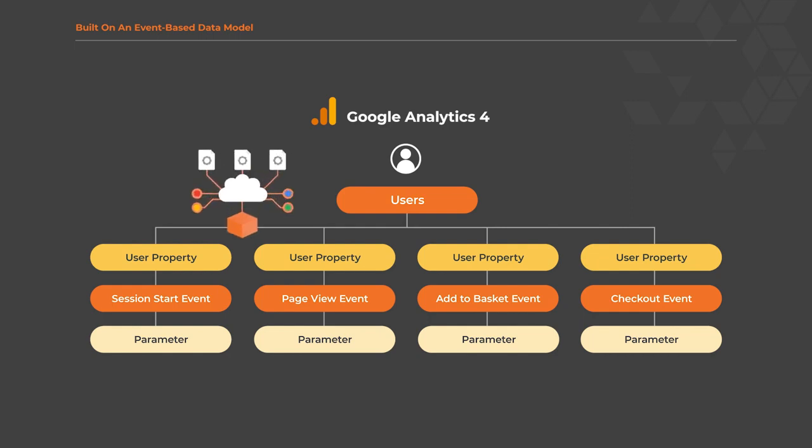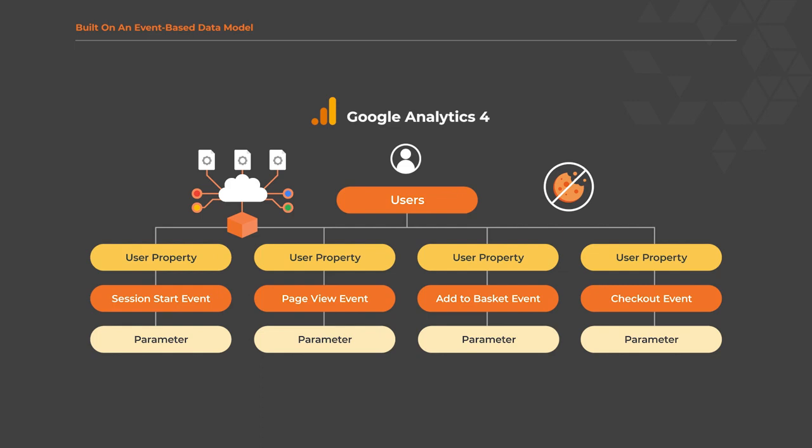GA4 is also a lot smarter due to machine learning, so it isn't dependent on cookies for its tracking. And I'm sure most of us are aware that there have been quite a lot of changes as far as cookie tracking is concerned, and the life of a cookie is at the moment very uncertain.